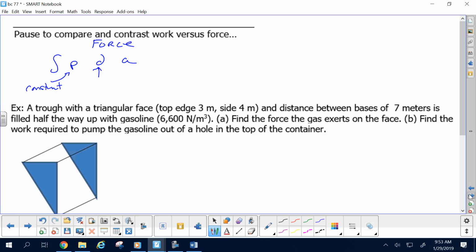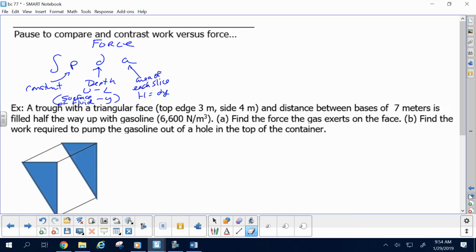D stands for depth, and depth is upper minus lower, where the upper is the surface of the fluid, not the top of the container, minus y. And A is the area of each slice. Always, the height is dy for each rectangle.